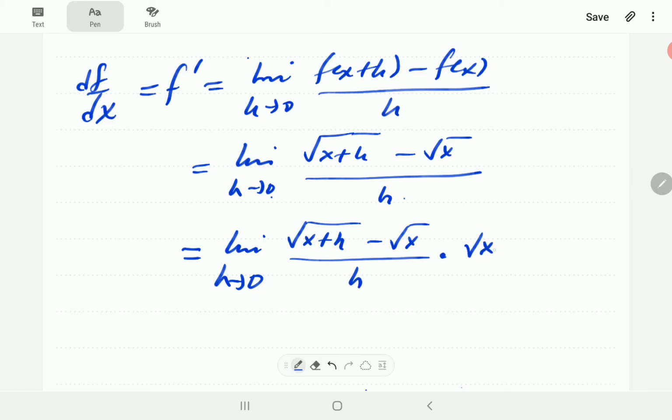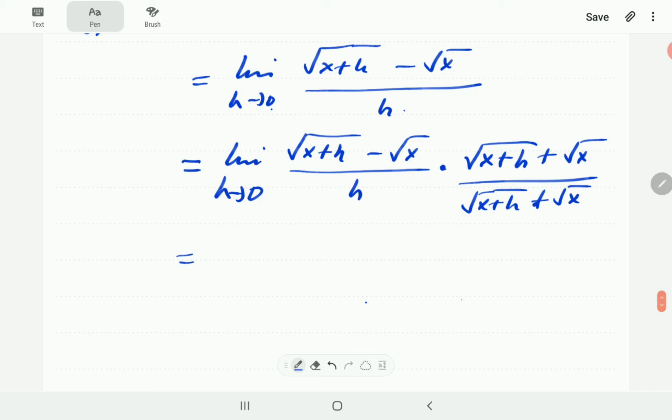We do that by multiplying by a term similar to this one, but with the opposite operation, so this one is going to be positive. We multiply both the numerator and the denominator by that same term so that the expression is not changed, because technically this is just 1, so we're just multiplying by 1.